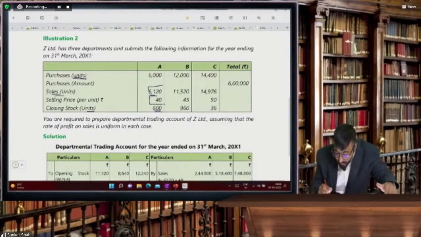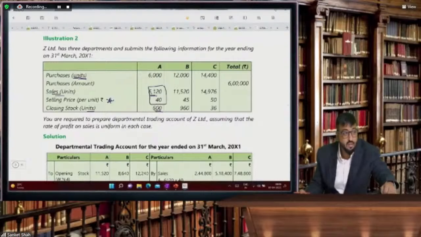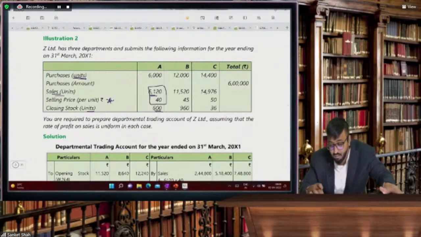Sales and selling price you can multiply: sales multiplied by selling price. But beta, purchase price per unit is not given. PPPU is not given. SPPU is given.